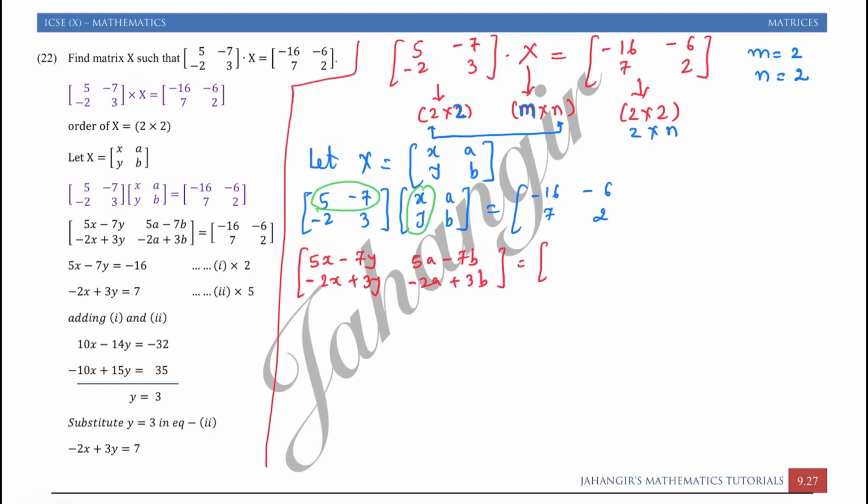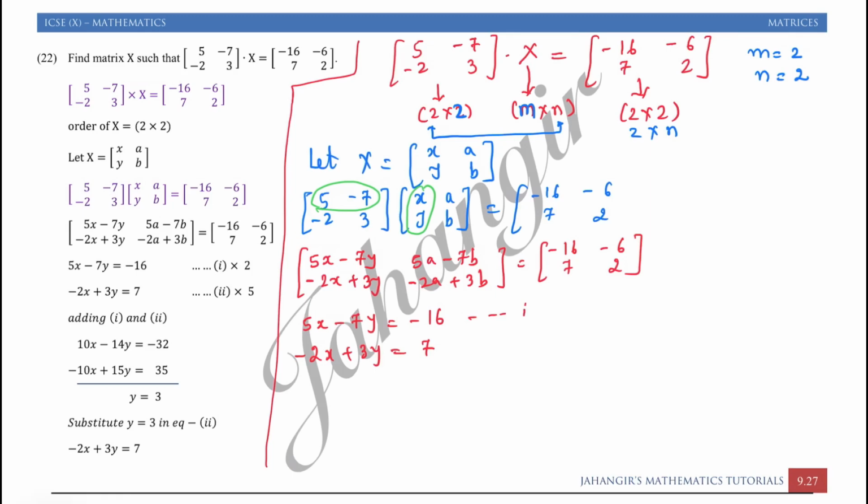Hope you understood how to multiply. First row, first column, second row, first column, then the same process with the second column. Minus 16, 7, minus 6, 2. Now let us compare the x part. 5x minus 7y is equal to minus 16, minus 2x plus 3y is equal to 7.